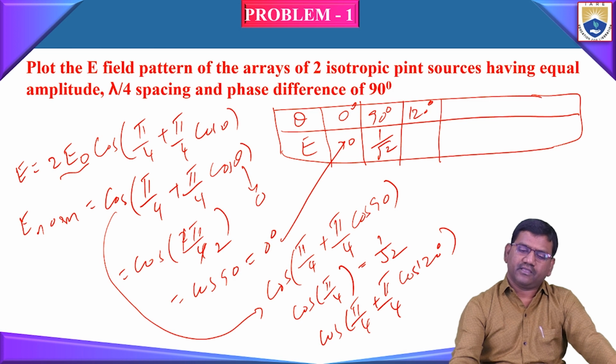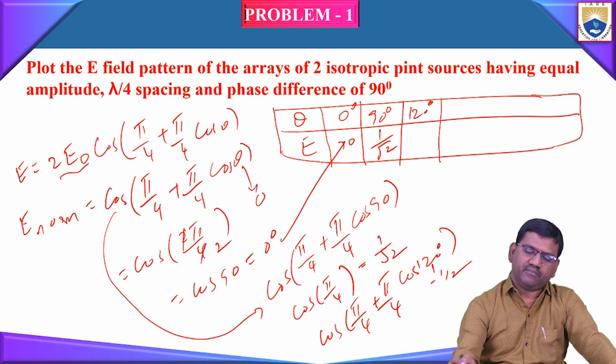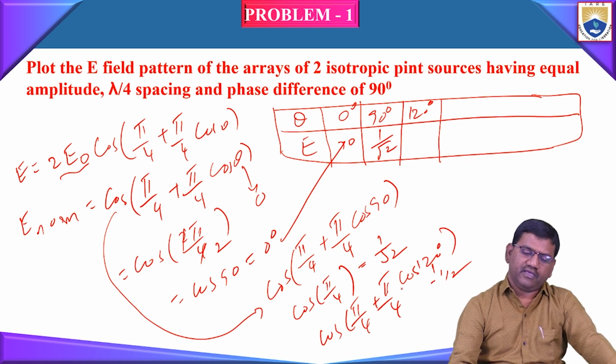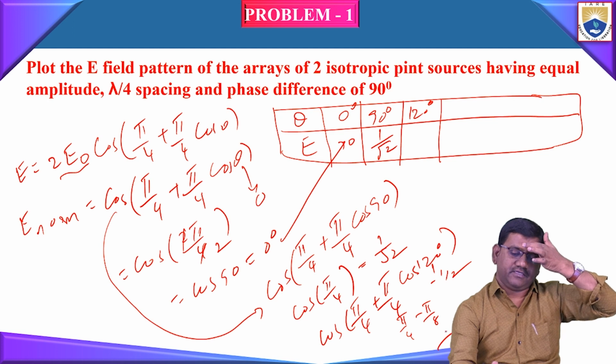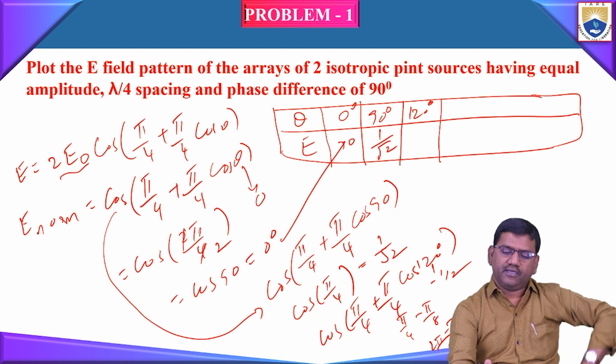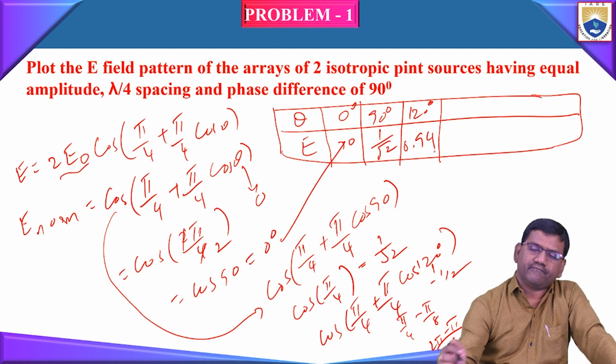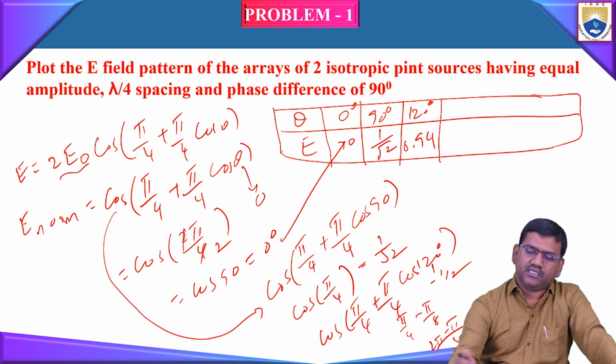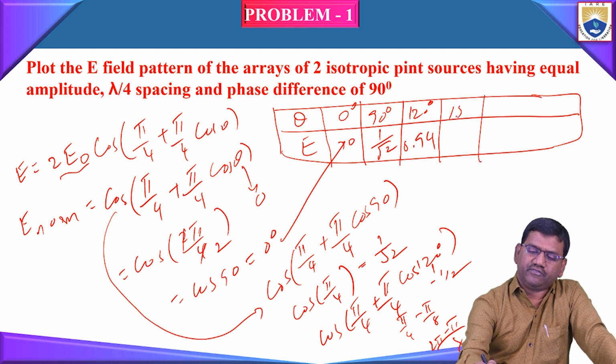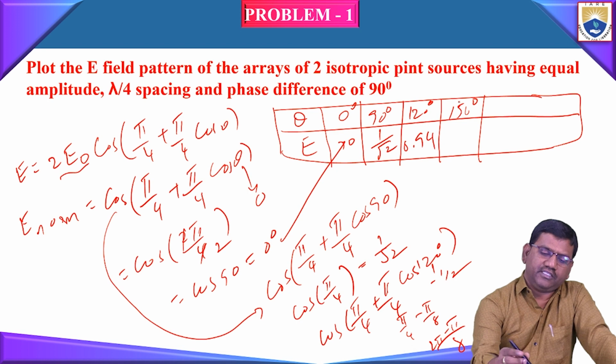Minus 1 by 2 into pi by 4 gives minus pi by 8. So pi by 4 minus pi by 8 gives pi by 8. Cos pi by 8 value is 0.94.